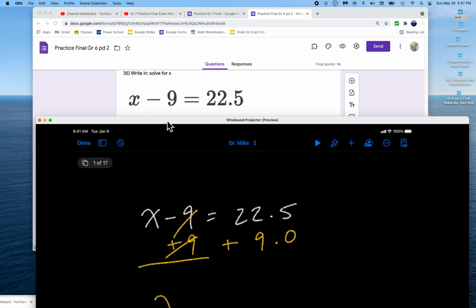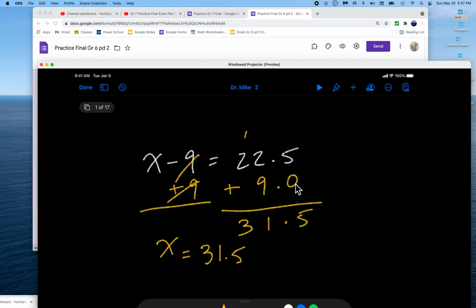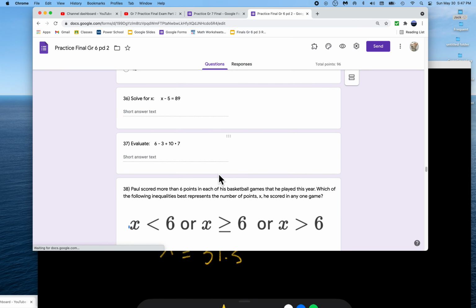This cancels out, and you're going to get 31.5. Okay, I think it was helpful to put 9.0 there to line things up when we added those decimals. There's your answer, the first choice.